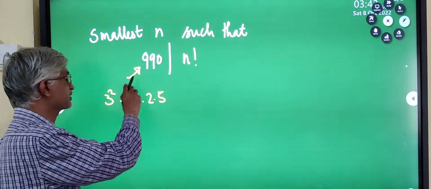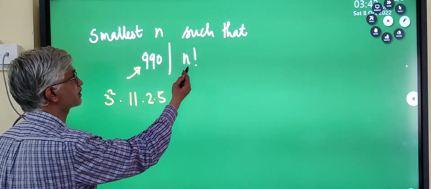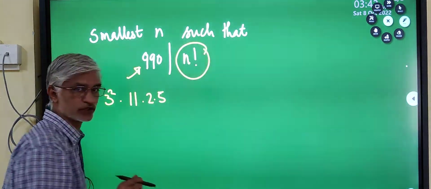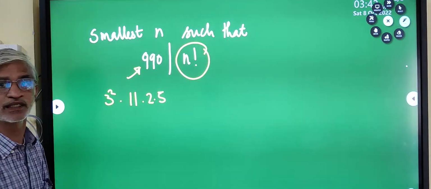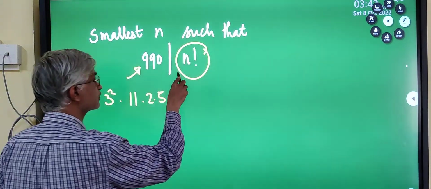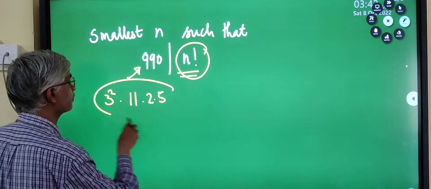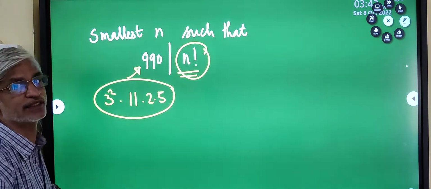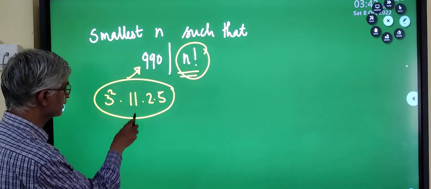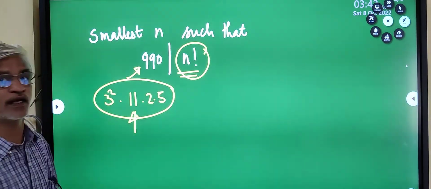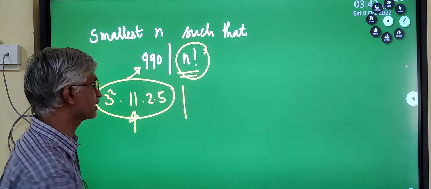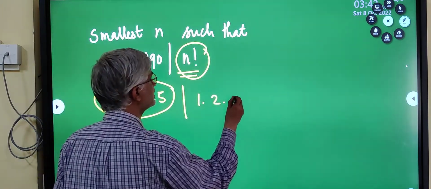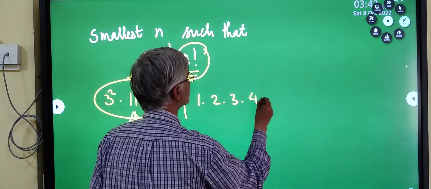So these are the prime factors that have to occur in n factorial if 990 is to divide n factorial. So we have to think of n factorial such that all of these numbers appear in n factorial. Now if you look at it, 11 is a prime, and there is no way that you're going to have 11 in n factorial unless you go at least up to 11.